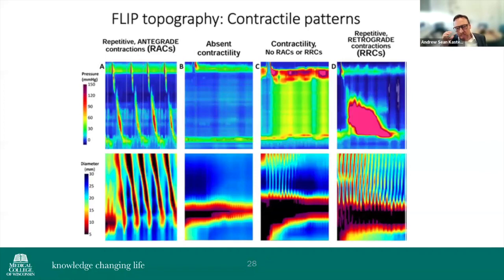This is the same as comparing high-resolution manometry on the top to panometry on the bottom. I was a little hesitant to show this slide because they're not meant to look similar, even though they do here, because you're measuring a different contraction pattern.